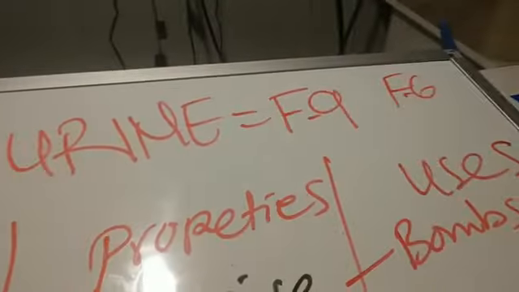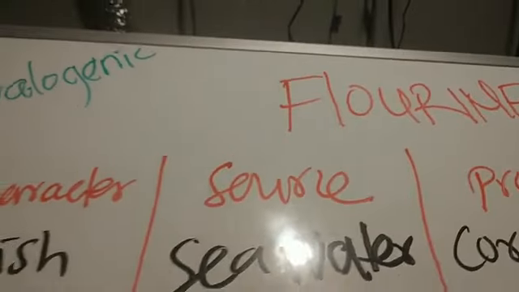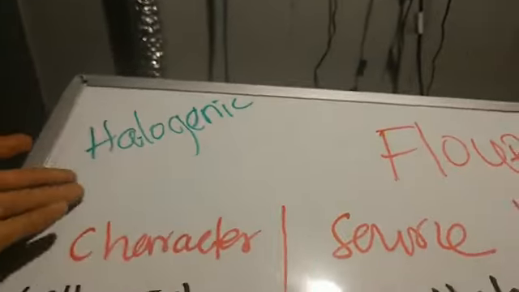Now, we are doing fluorine, or most people say fluoride or fluorine. Fluorine is F9, the ninth element on the periodic table. It's very simple. It's a halogenic.